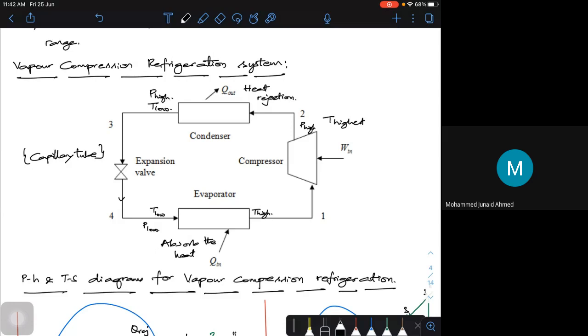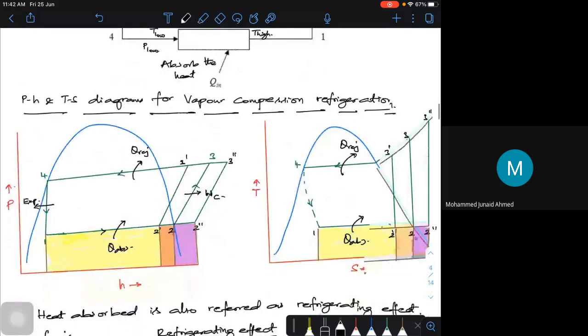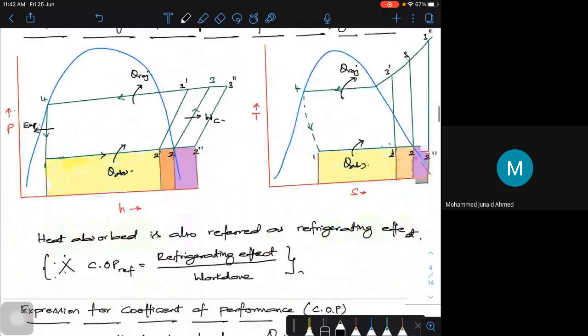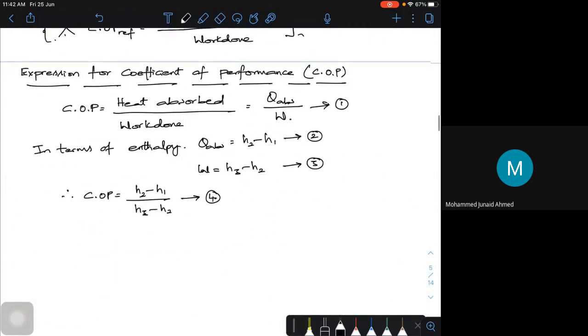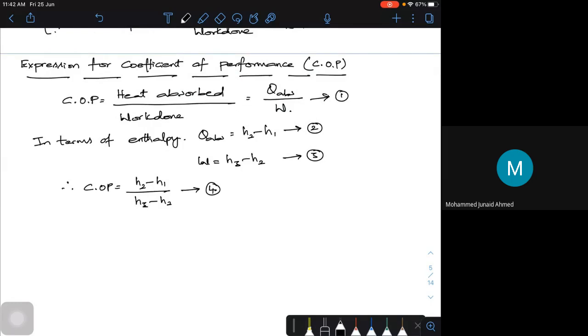Then the expansion valve or expansion device reduces the pressure from high pressure to low pressure. Explain each component, and put the pH diagram and TS diagram, explain them and get the expression for COP. That's all they can ask. 5-6 marks they can ask about the vapor compression refrigeration system.